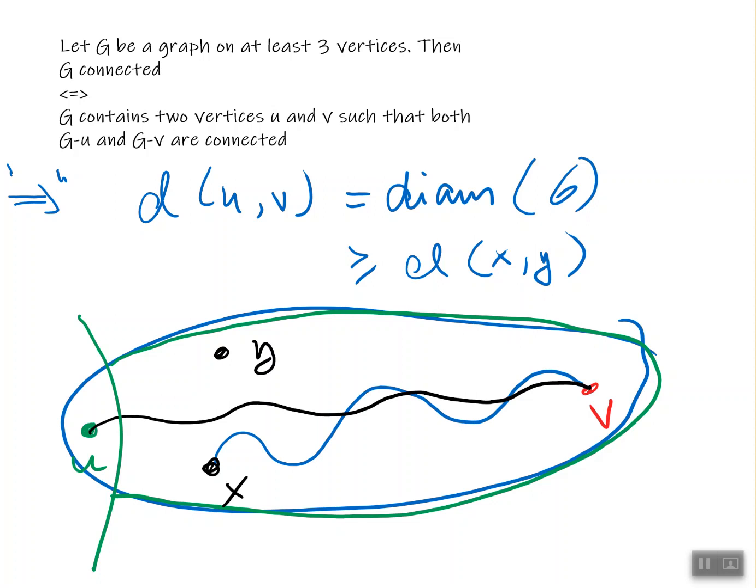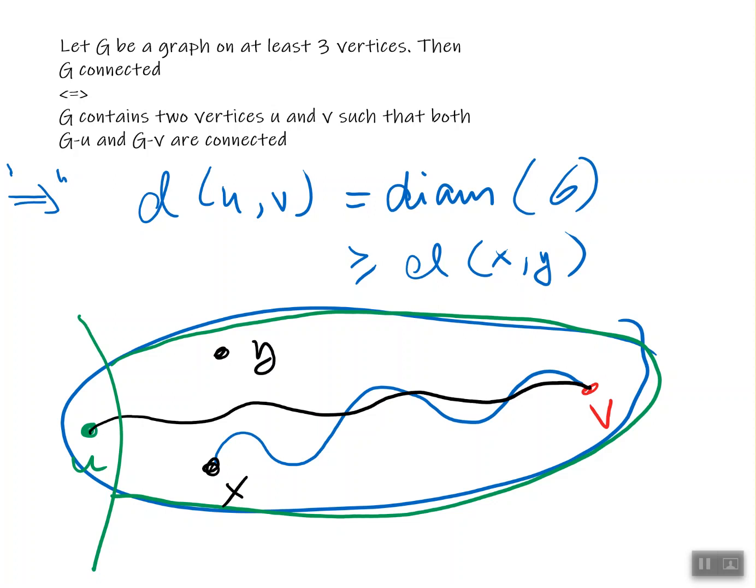Why can it not contain the vertex u? Well, I need to make at least one step to get from x to u, and then the shortest path that I could attach to that to get to v is of length d(u,v). But there's a shorter path than this, which is at least one shorter than the path from u to v. So that means that this blue path does not contain u, therefore it lies completely in the green graph.